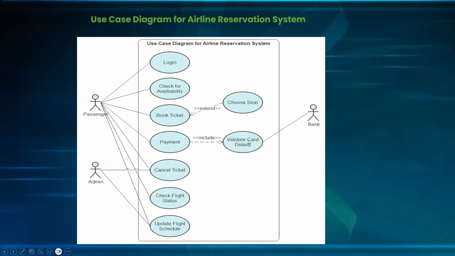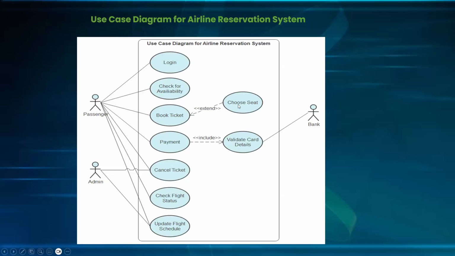You can see the association to validate card details. Again, the focus here is include and extend. So you can see every time the passenger tries to book tickets, what happens?